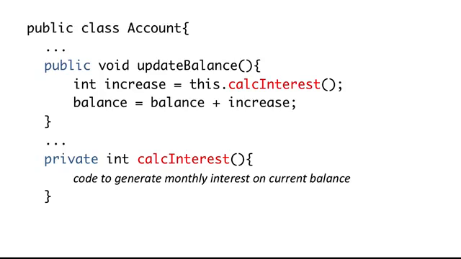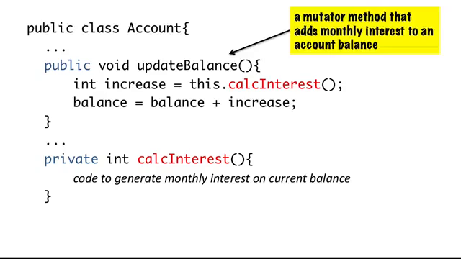Another use for the keyword this is when calling another method within the same object. Here we have a method updateBalance that uses another method, calcInterest, to do some of the work. We've seen these sorts of arrangements before, methods calling methods, in other programs.